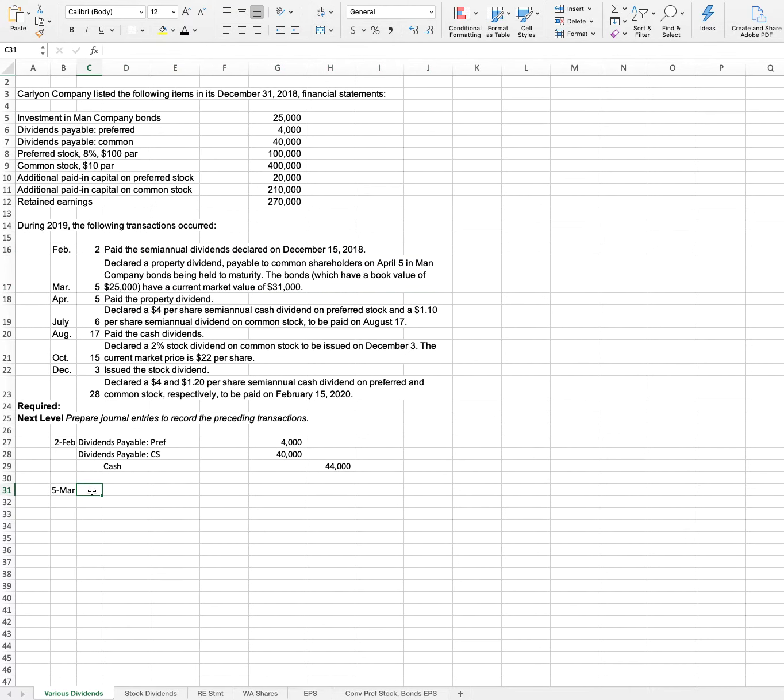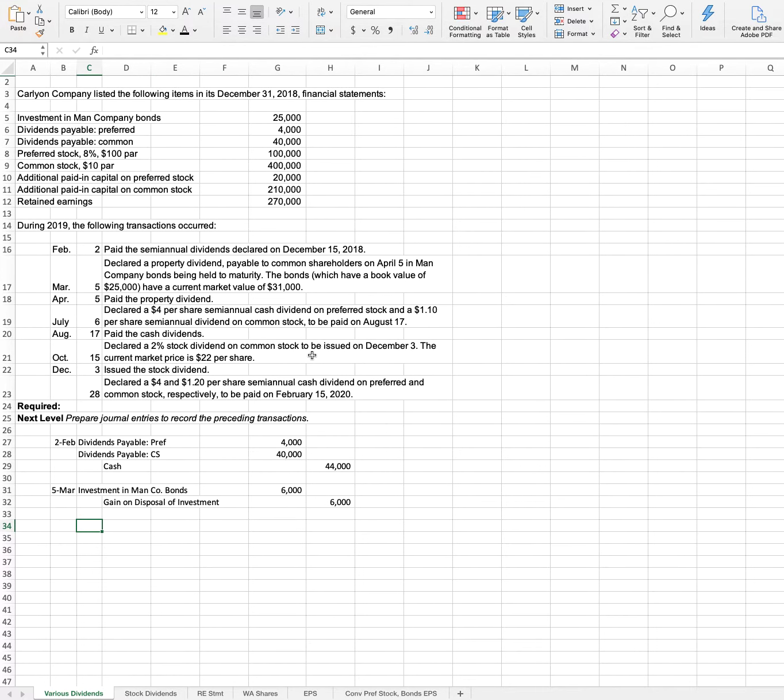So we'll do that first by debiting investment in Man Company bonds and crediting gain on the disposal. And that would be the difference of our $31,000 minus the book value of $25,000 to give us $6,000.